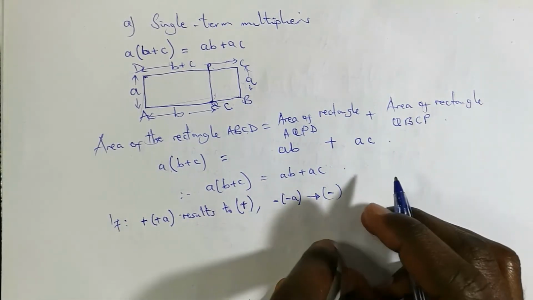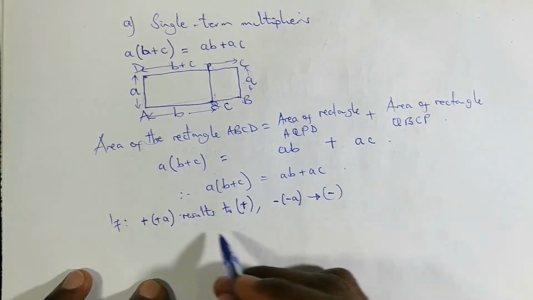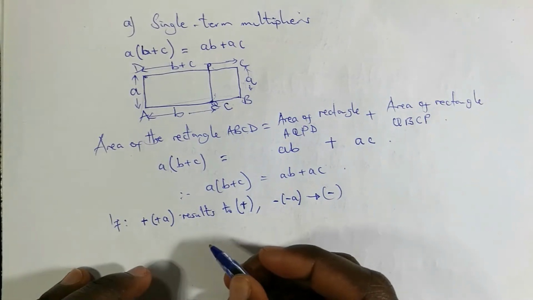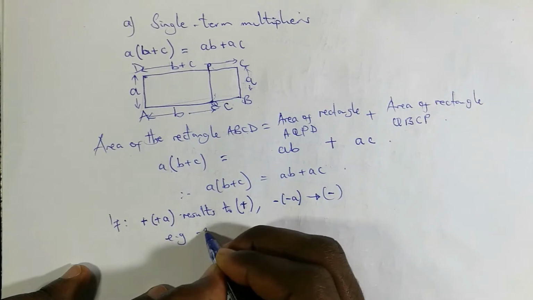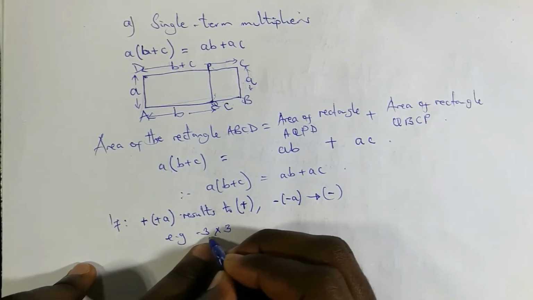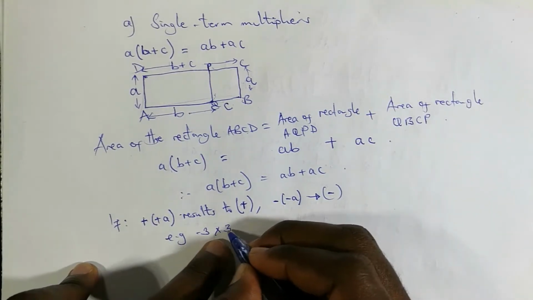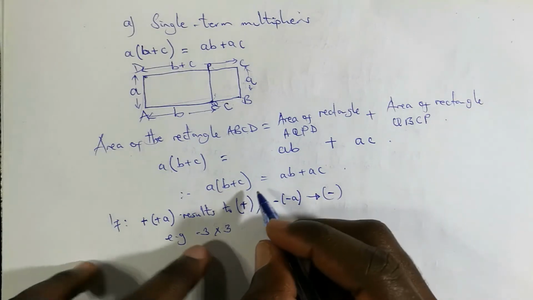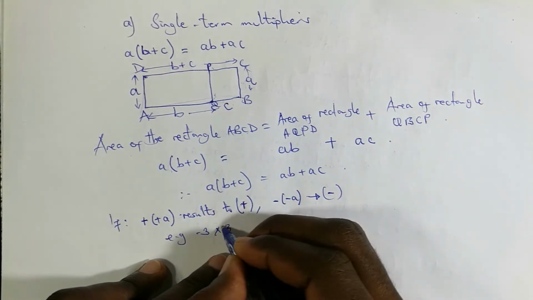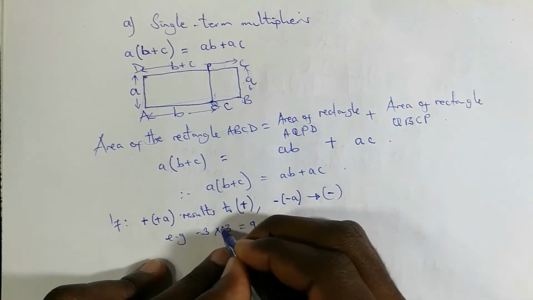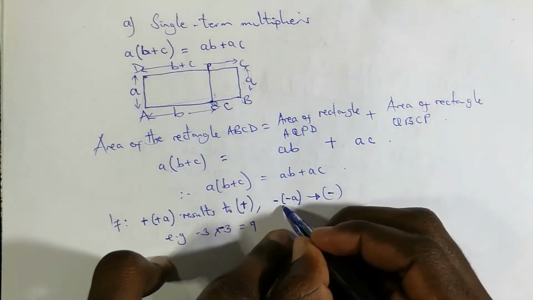We can see that if you multiply, let me say, negative 3 by negative 3, we're going to have 9, which is coming from this.